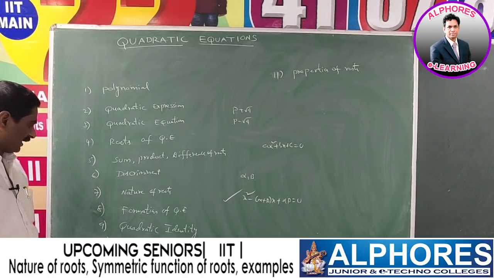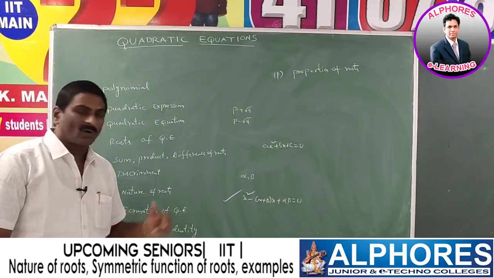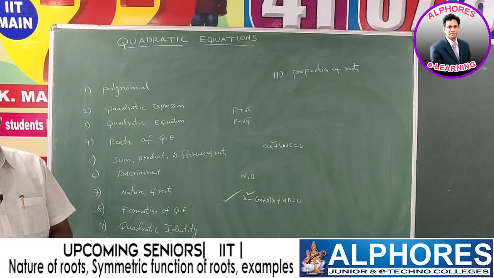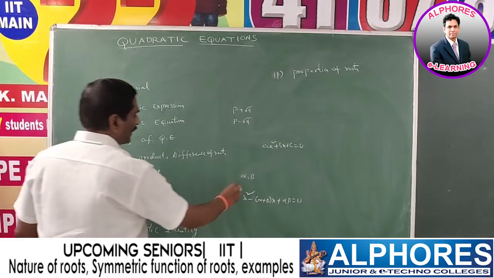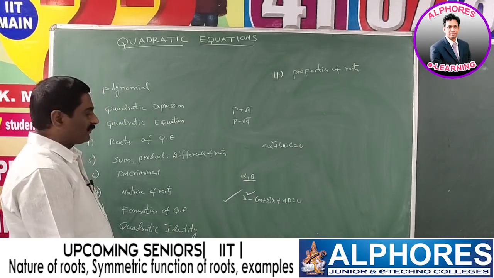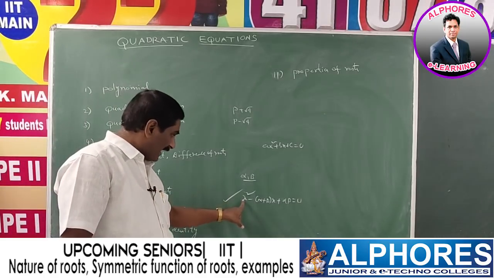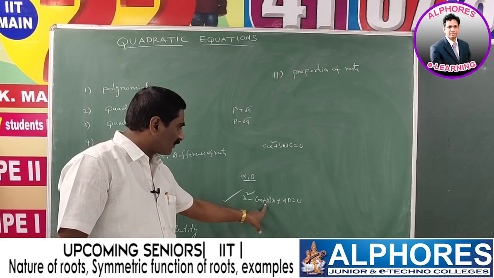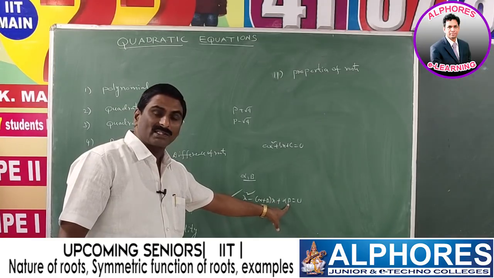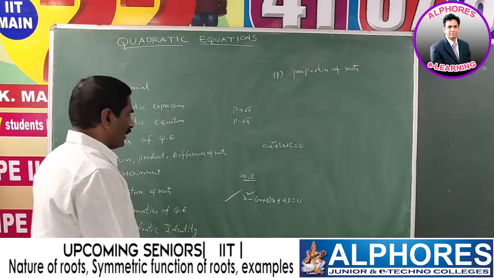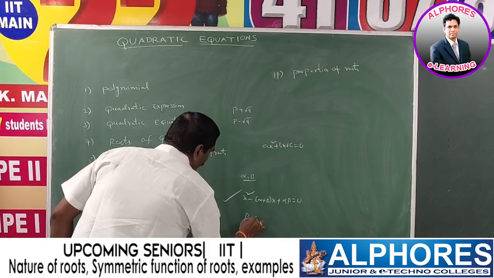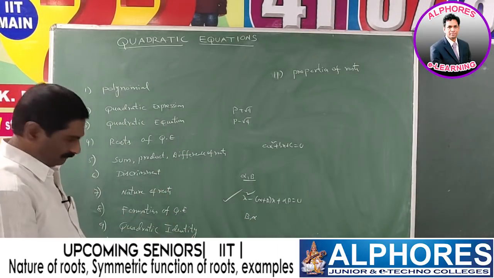Next, symmetric function of the roots of the quadratic equation. Suppose alpha, beta are the two roots, then its equation is x² - (alpha + beta)x + alpha beta = 0. Suppose the roots are beta, alpha, that means the roots are interchanged.